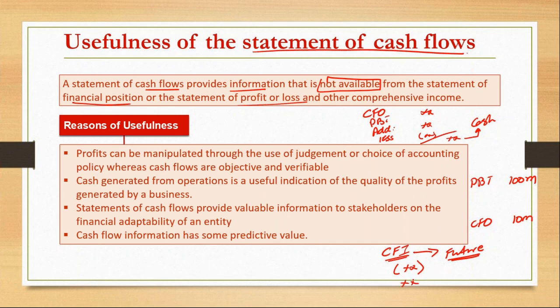But a positive cash flow from investing activity means that we are selling or disposing of assets today, which will result in decreased profitability and cash flows in later years. Because if I sell my asset today, from where am I going to generate the cash?